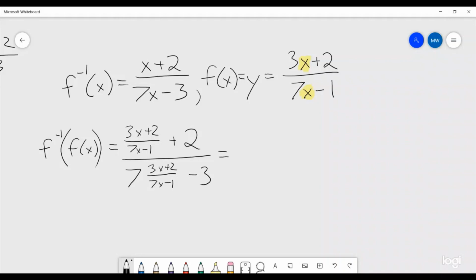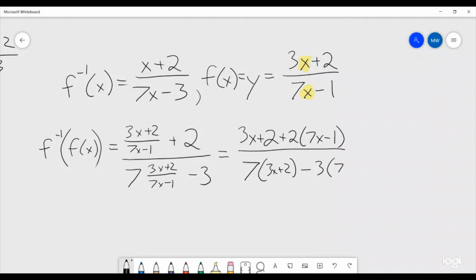Let's multiply the top and bottom both by 7x minus 1. So that's going to give us 3x plus 2 plus 2 times 7x minus 1, all over 7 times 3x plus 2 minus 3 times 7x minus 1. Well, that is equal to, we have 3x plus 14x, so that's 17x.